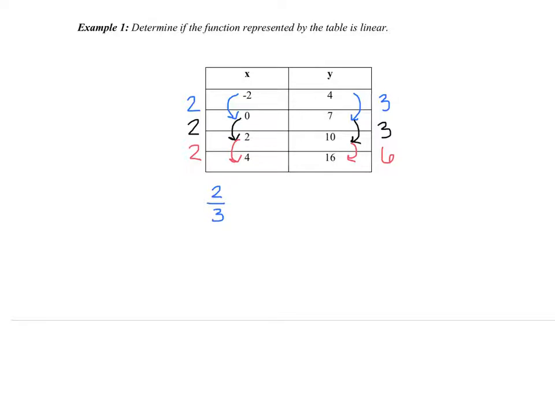Our second ratio is the difference in x over the difference in y of the second, so 2 over 3. And then our third ratio is our third difference in x over our third difference in y, and that's 2 over 6, which can be simplified to 1 over 3.